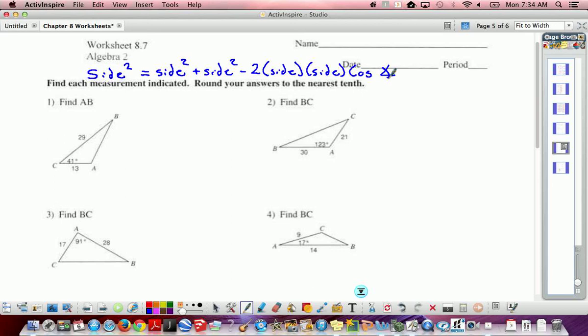I know that sometimes you might be going, well, what are these sides? This is the side that you want, and this is the side that makes up the given angle.